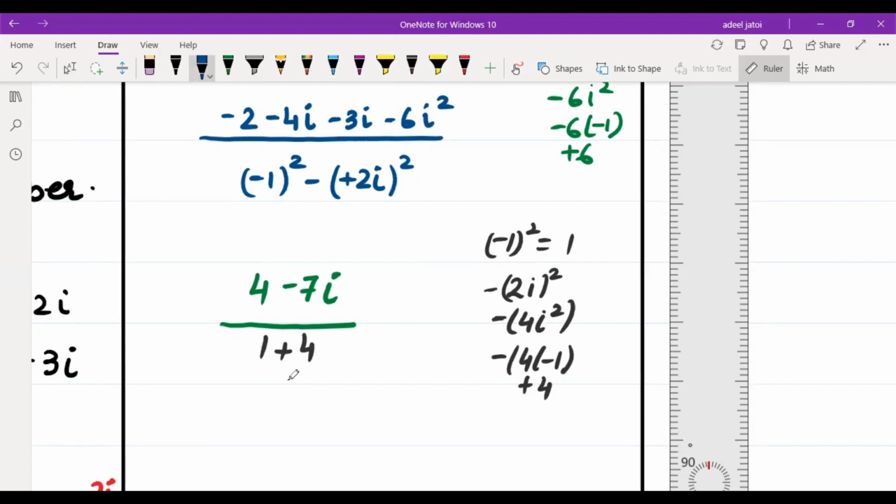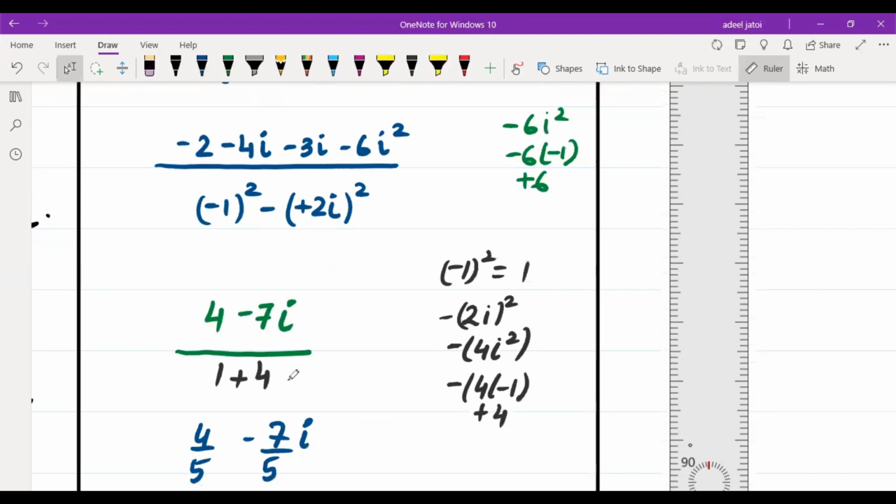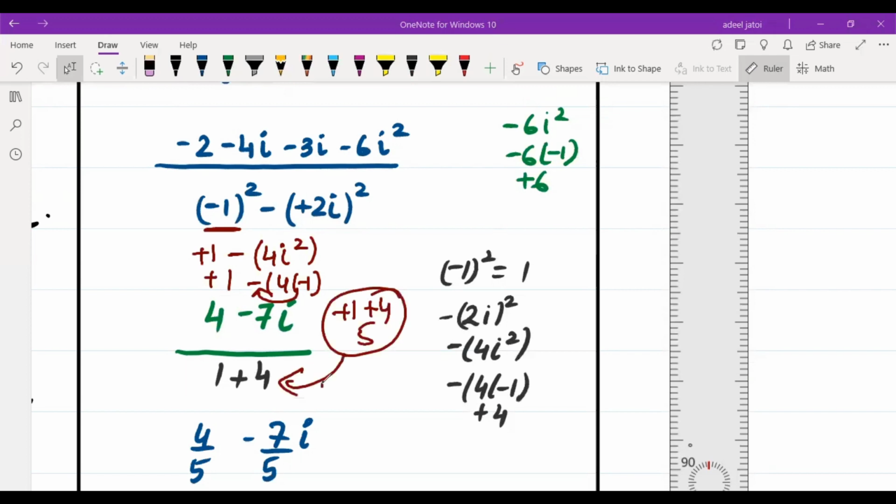So the end result for this will be 4 upon 5 minus 7 upon 5 iota. Remember this, let's just work this down again. This should be positive 1, negative 4 iota square. Positive 1, negative 4, negative 1. Negative thing is positive, so positive 1, positive 4 is 5. And 5 in the denominator will be taken into consideration.